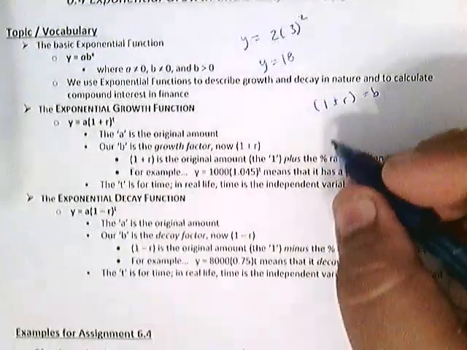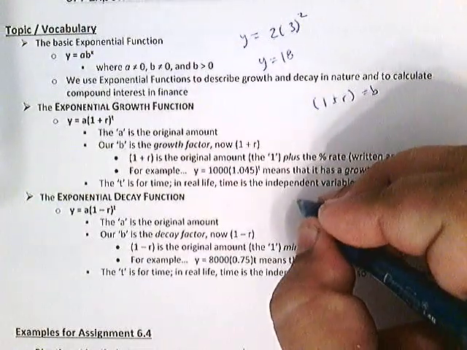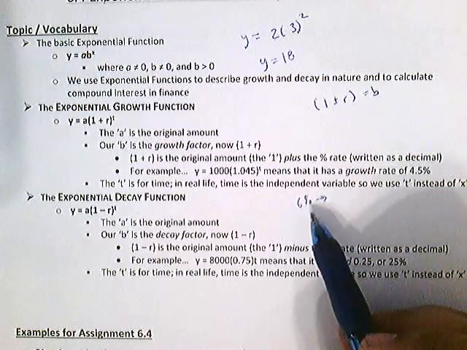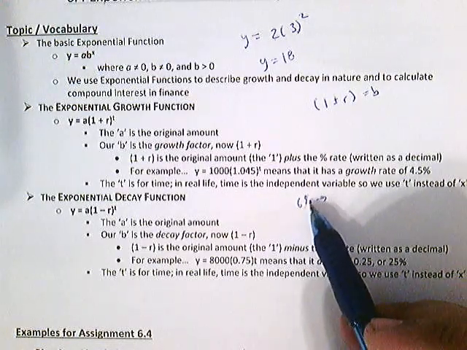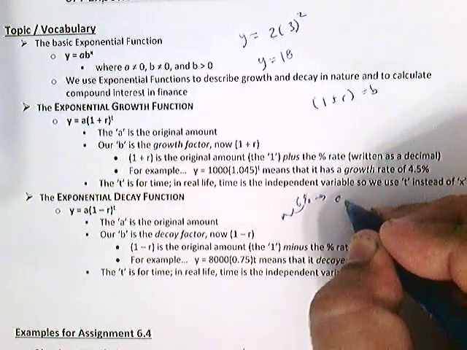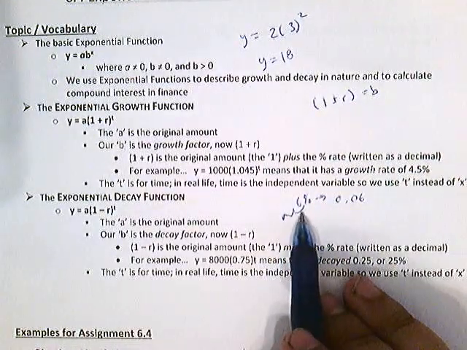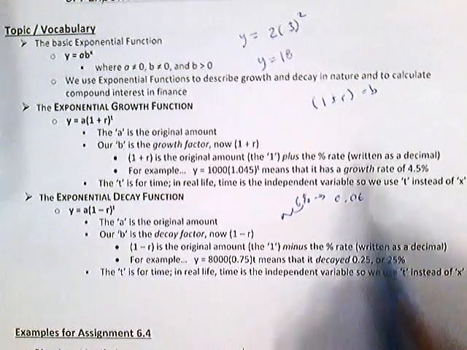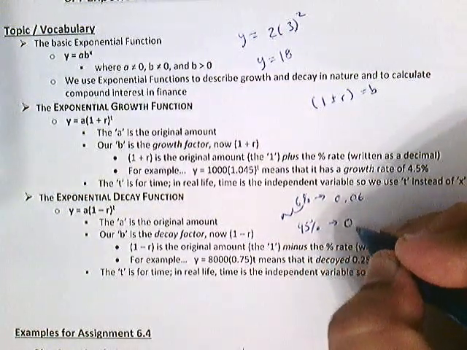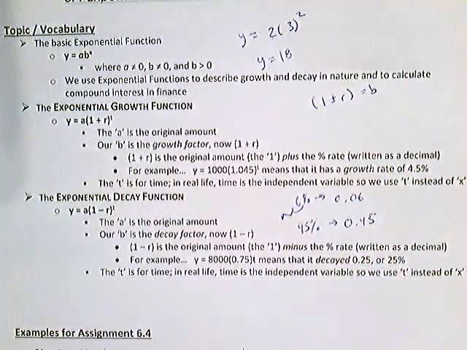Now, as a small reminder, if you have 6%, okay, the decimal for the 6% is right here at the bottom right. And to change it into a decimal, you move it 2 times to the left. 6% would be 0.06, okay? 45% would be 0.45.